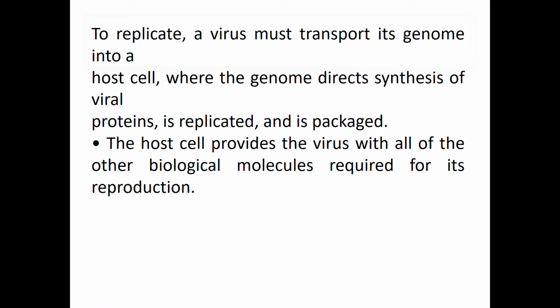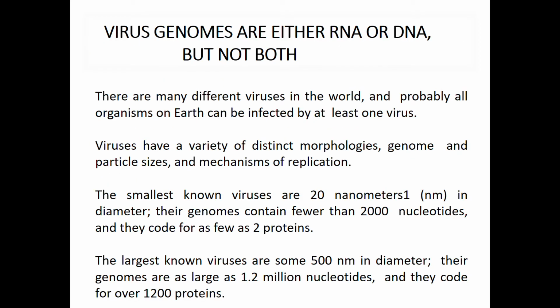To replicate, a virus must transport its genome into a host cell where the genome directs synthesis of viral proteins and is replicated and packed. The host cell provides the virus with all of the other biological molecules required for reproduction. Now, the viral genome is either RNA or DNA, but not both.